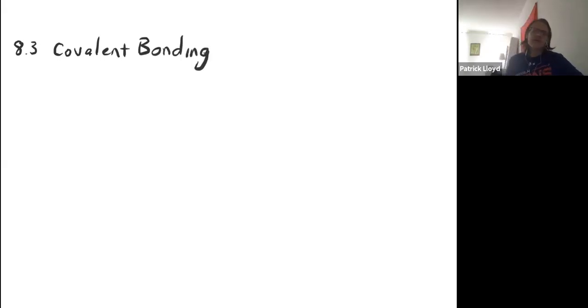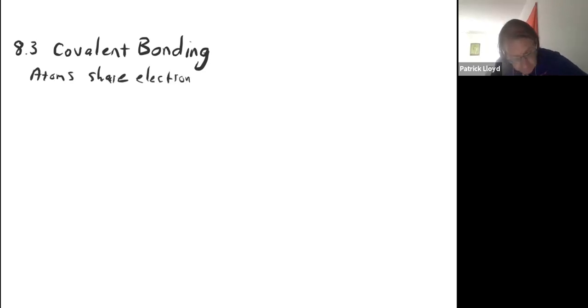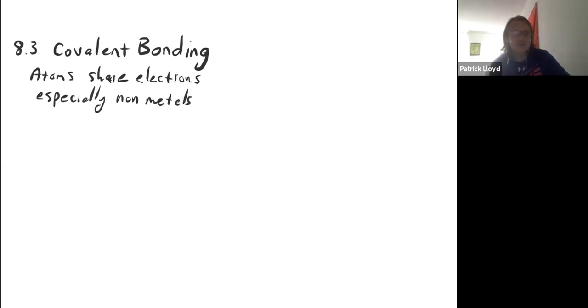Okay, covalent bonding, just real briefly, is the case that it turns out that certain atoms share electrons, especially nonmetals, but also metals. Okay, so actually there's a type of bonding called metallic bonding.